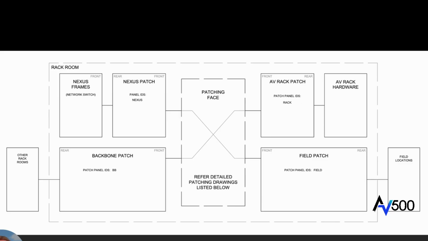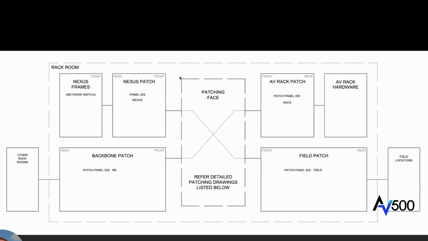Then we have the field patch panels. So these are all the connections outside of the rack room, essentially. So all of the floor boxes, the projector locations, the technical wall plates, all of those sorts of connections inside of the building are then fed and displayed on the patch panel.